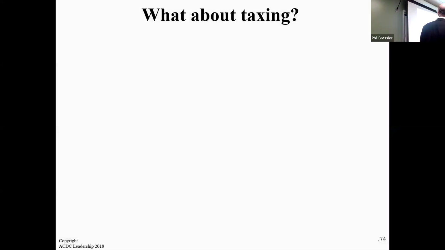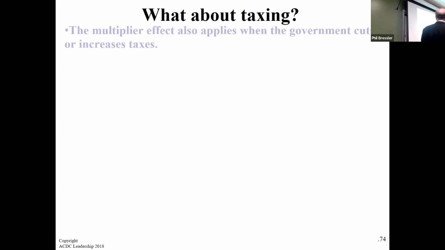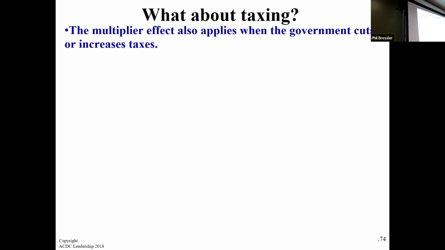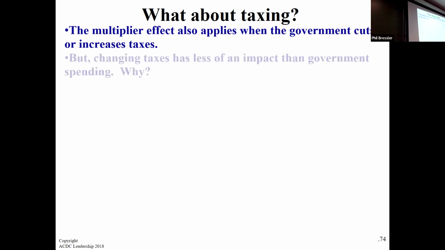All right. Did we do taxing yesterday? Yeah, we did. It's okay to do it again. The multiplier effect also applies when government cuts or increases taxes. Taxes have less impact than government spending. Why?